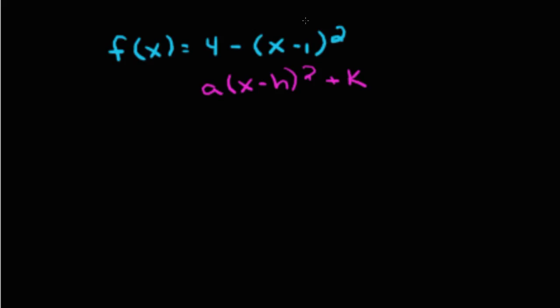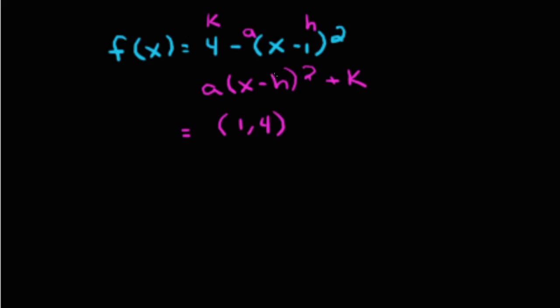So here, that's your h, that's your k, and your a is out here. And since this is a negative, your a would be negative 1. So if you're given vertex form, the vertex is at 1 and 4.